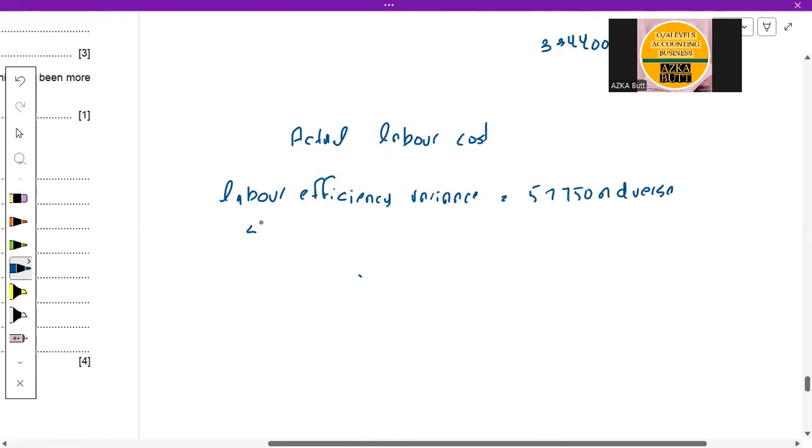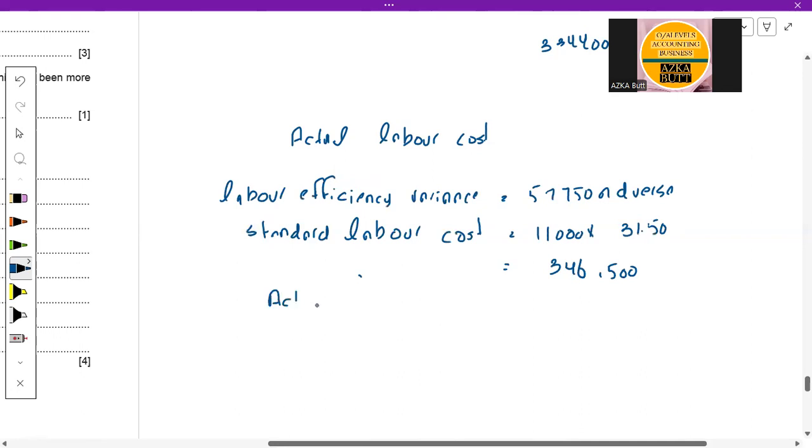And standard labor cost is equal to 11,000, the number of units, multiplied by 31.50, which was the standard labor cost, and this is equal to 346,500. And the actual labor cost is standard cost plus adverse variance.